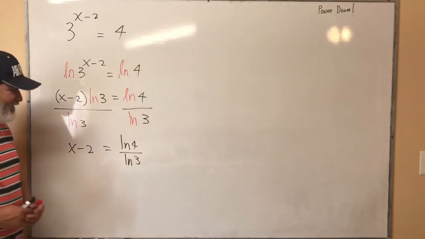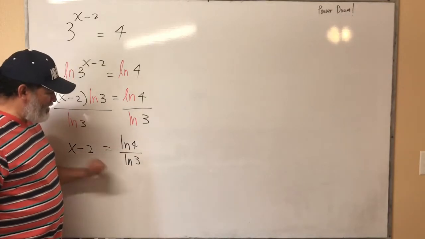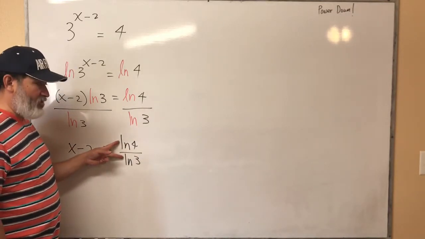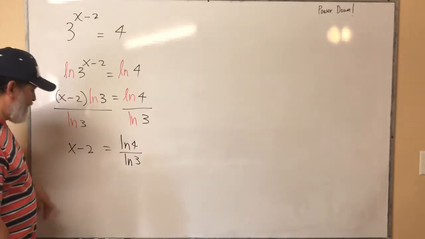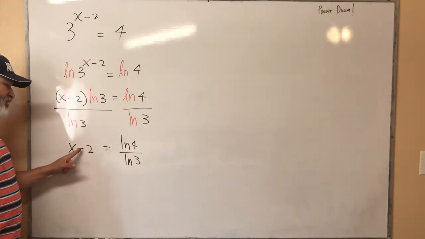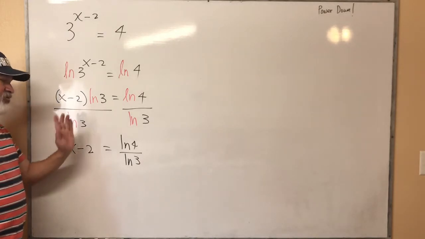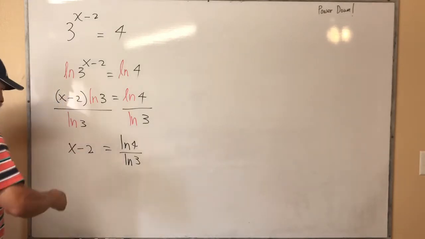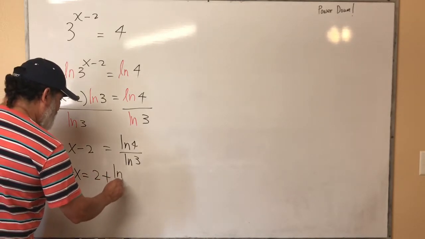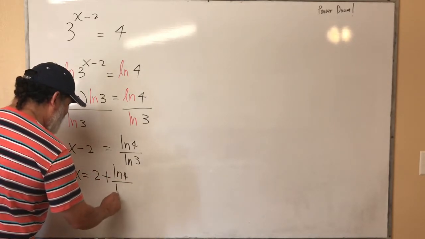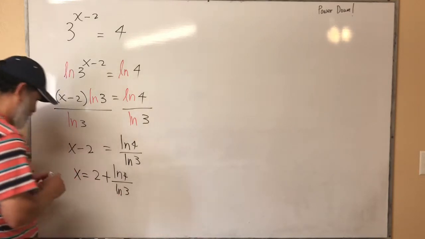Don't forget, that's a decimal and that's a decimal. So this together is a decimal divided by a decimal. And now let's solve for x and bring the negative 2 to the right. And so therefore, x equals 2 plus ln of 4 divided by ln of 3.